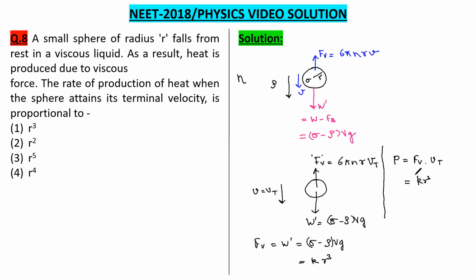We also know that the terminal velocity is 2 by 9 times r square (sigma minus rho) g by eta. So terminal velocity is proportional to r power 2, that is C into r power 2. So the power is proportional to r power 5. So the correct option is option 3.